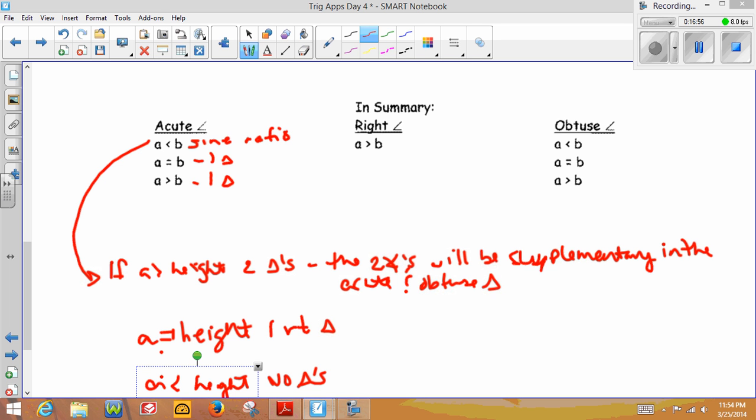If we have a right angle and A is greater than B, we have one right triangle. For the obtuse, if A is less than B, we have no triangles. If A is equal to B, still no triangles, because we don't have enough degrees left over. And if A is greater than B, we have one triangle.